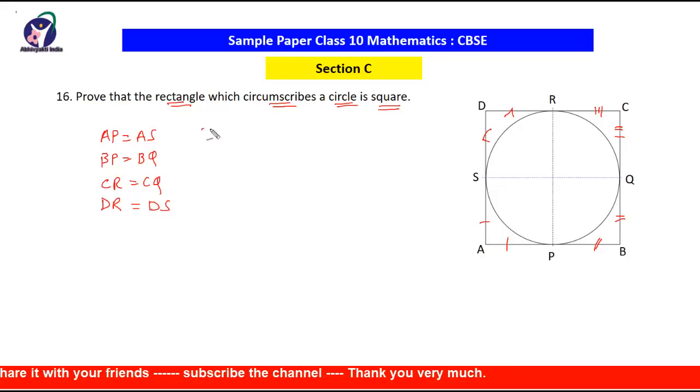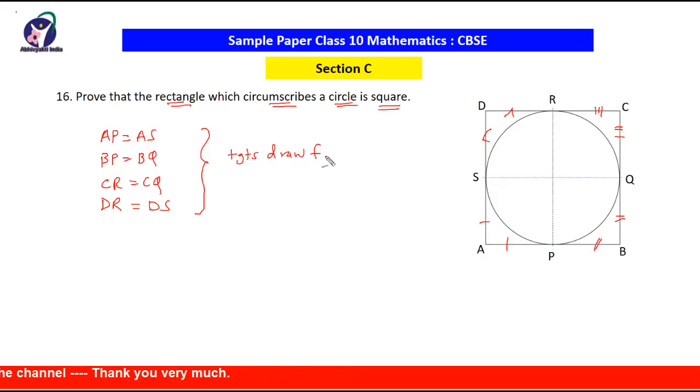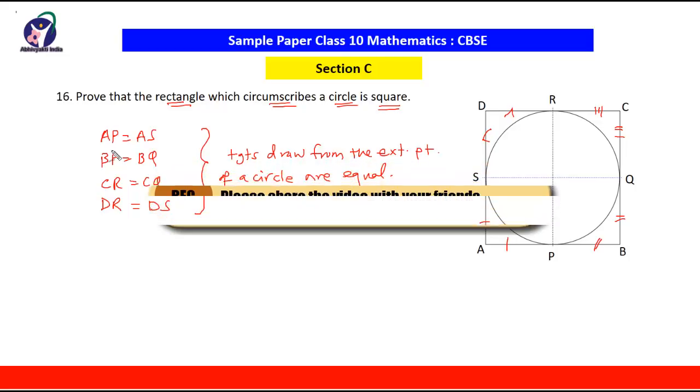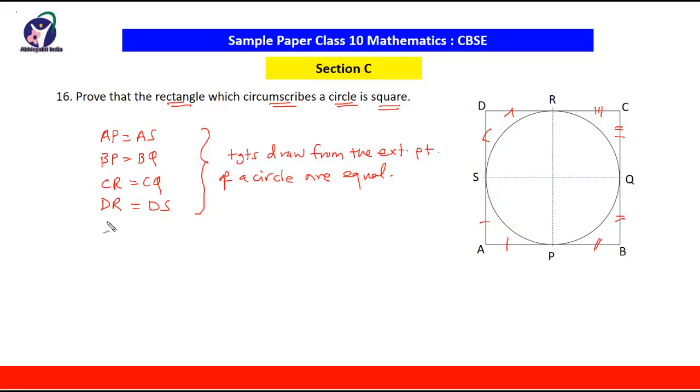And the reason for all these is that tangents drawn from an exterior point of a circle are equal. This theorem you have already studied.